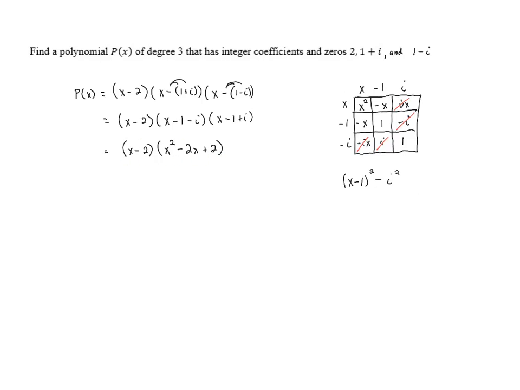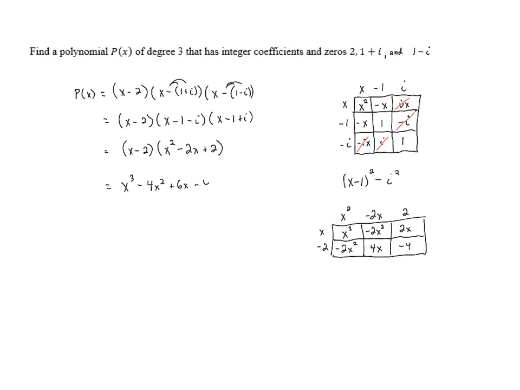Now, to multiply all of this out, we're going to use the table method again. So we set up a 2 by 3 table, x, negative 2, x squared, negative 2x, and 2, and we multiply: x cubed, negative 2x squared, 2x, negative 2x squared, positive 4x, negative 4, and when we combine like terms, we get x cubed minus 4x squared plus 6x minus 4.